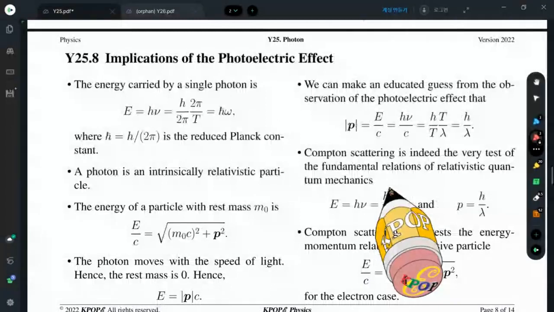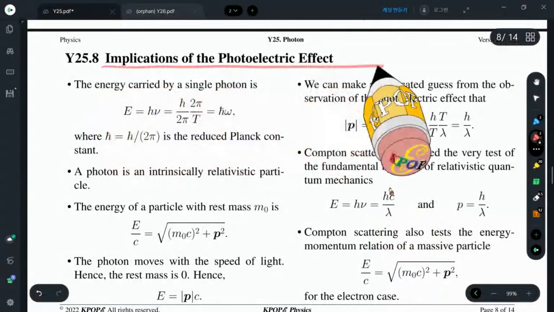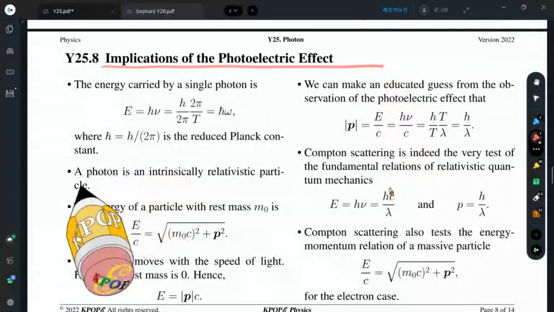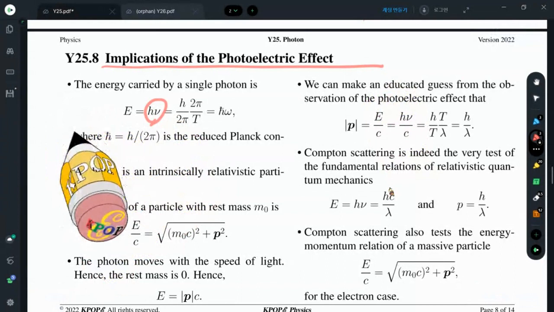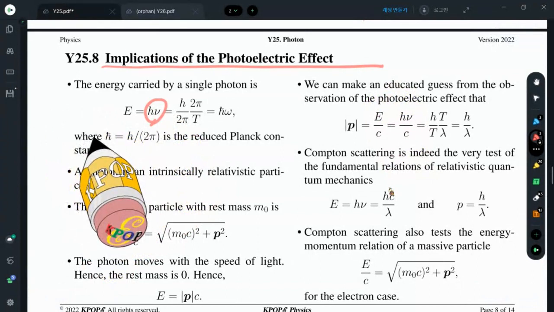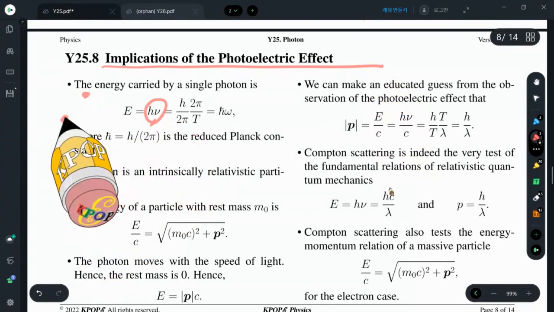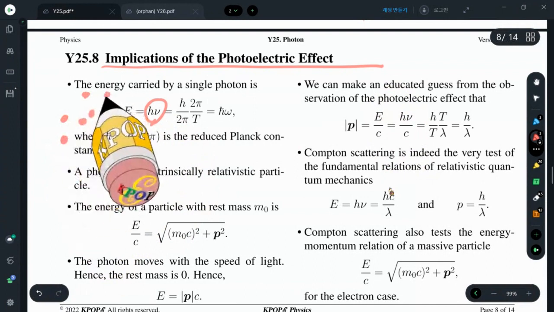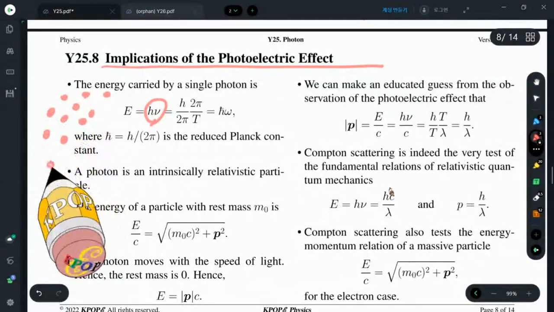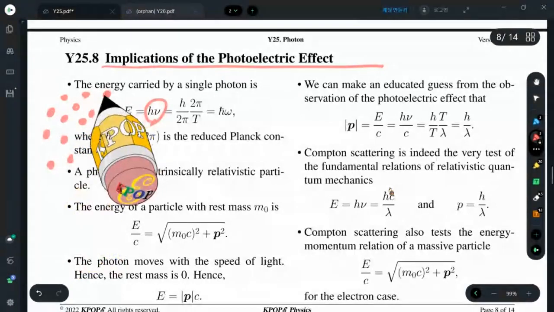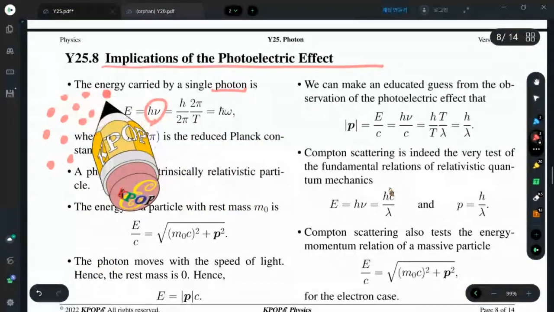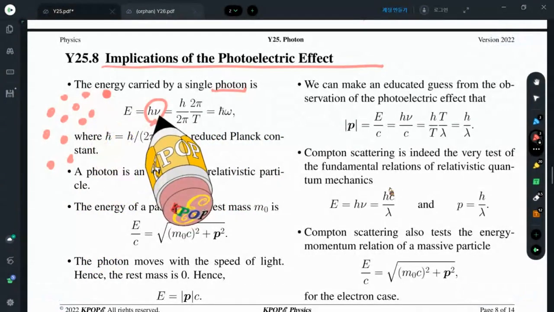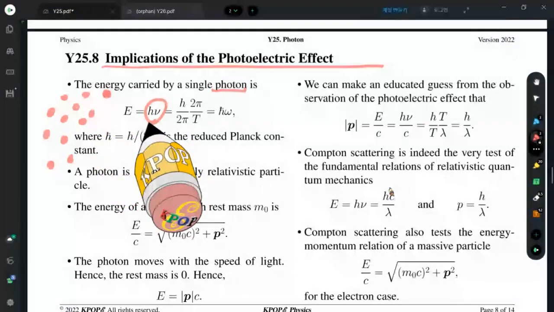So as a result, the photoelectric effect has shown that the energy of an electromagnetic field is actually carried by single particles, and each particle is called a photon, and the energy of a single photon is frequency multiplied by a natural constant called Planck constant.